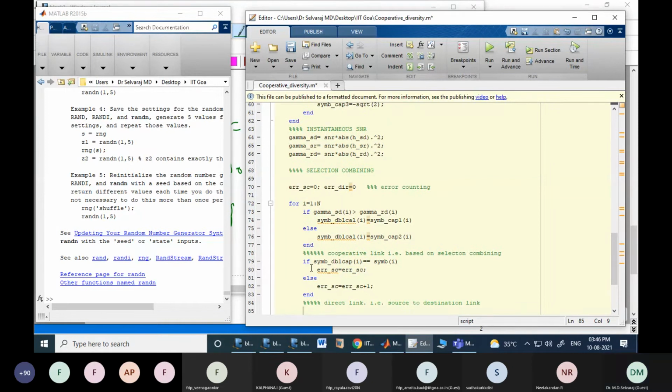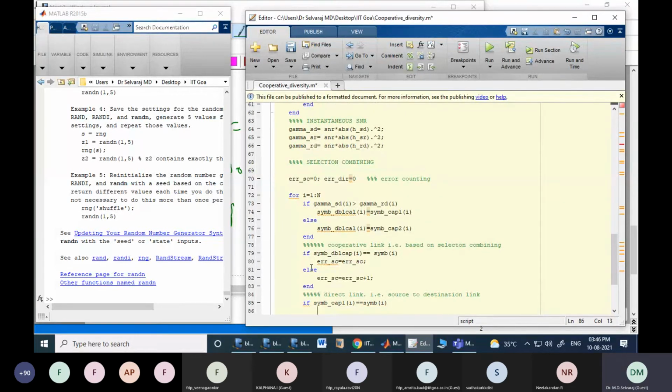So for that, the detected symbol, symbol cap 1, is it equal to the original symbol transmitted of i?